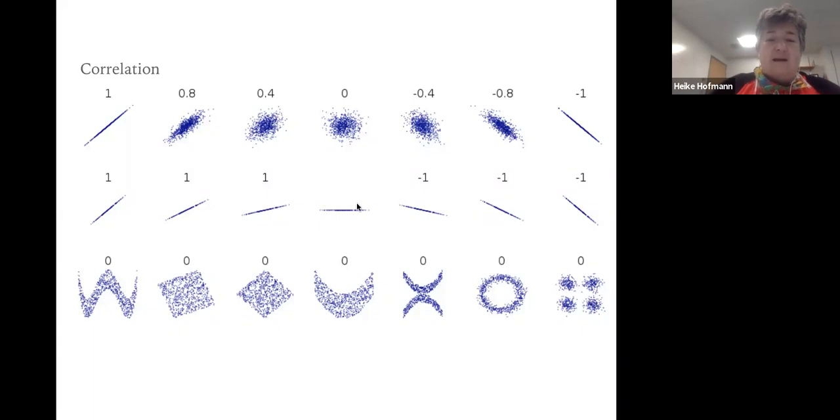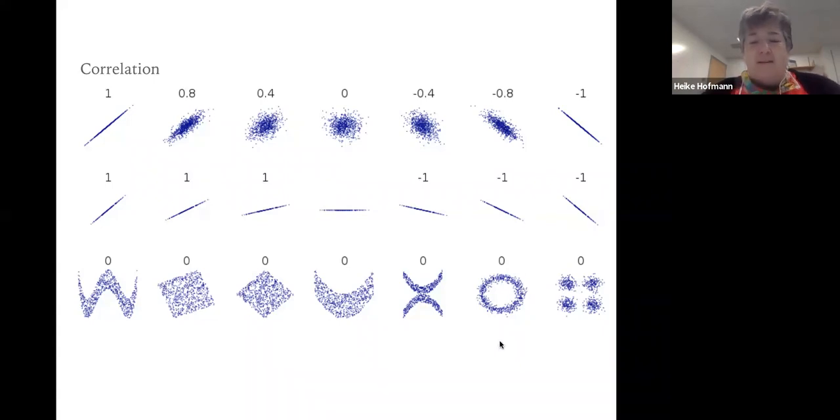Correlation is not defined if we have a flat line. That's because the variance in Y is 0, so we're dividing by the square root of 0. As soon as we've got a negative slope, we have a negative correlation, and the correlation is -1.